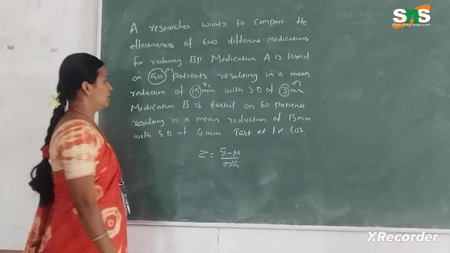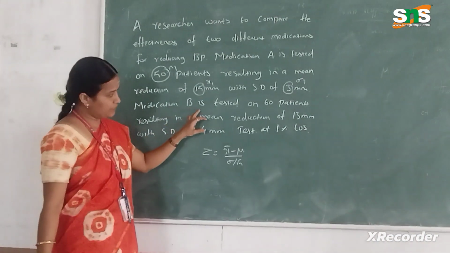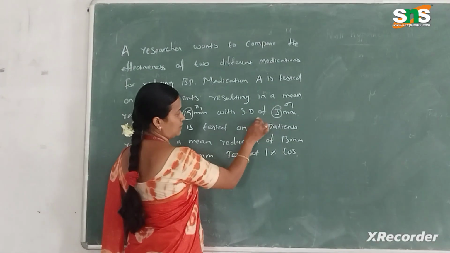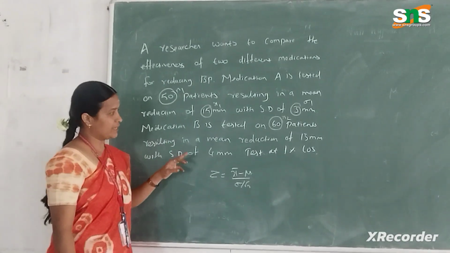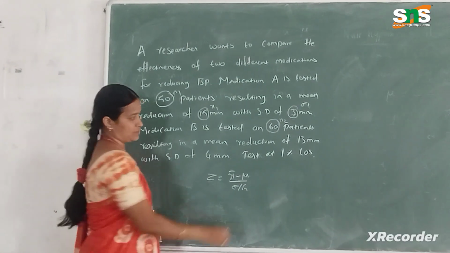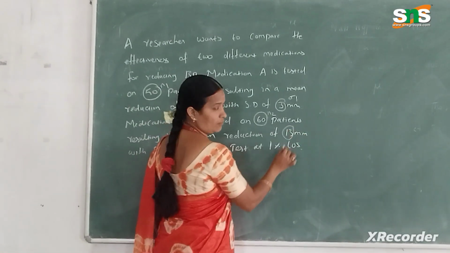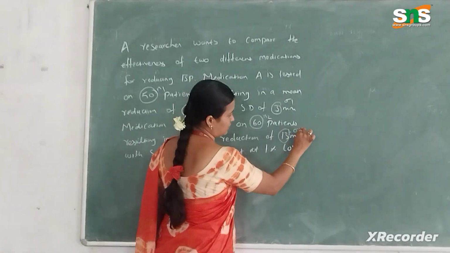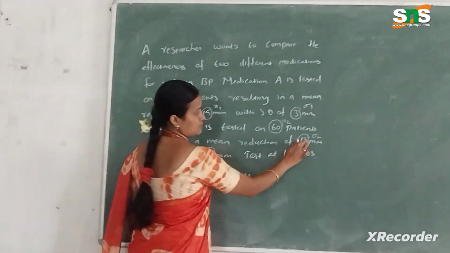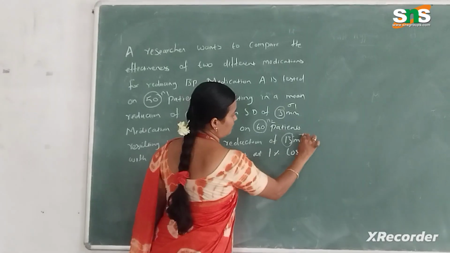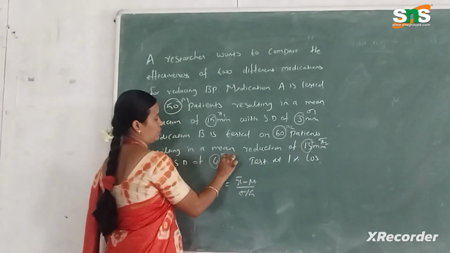And medication B is tested on 60 patients. So this is the second sample, n2, resulting in a mean reduction of 13 mm. This is x2 bar, and the standard deviation is denoted by sigma 2, with a value of 4.